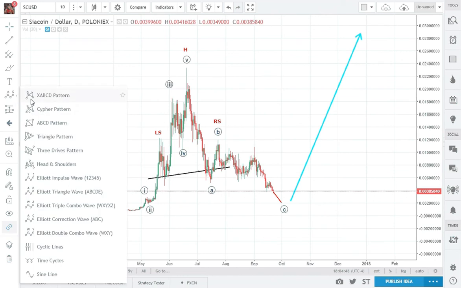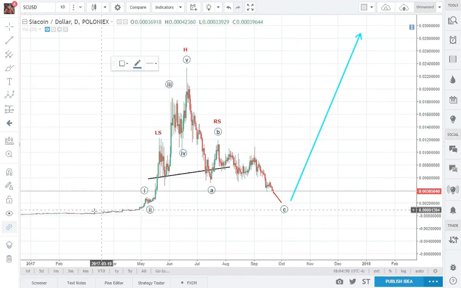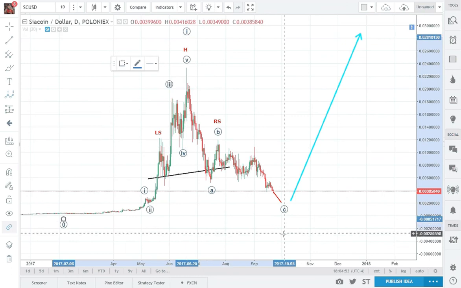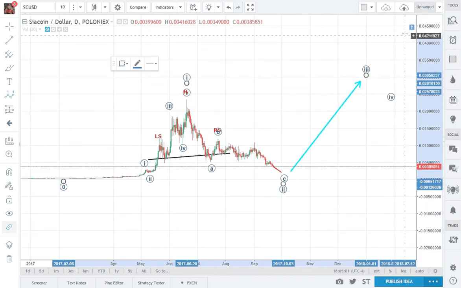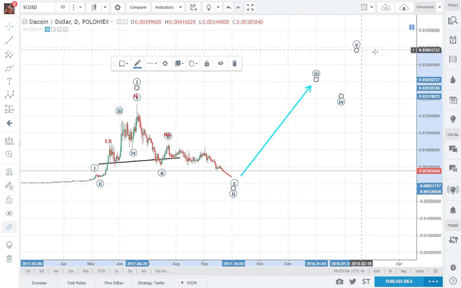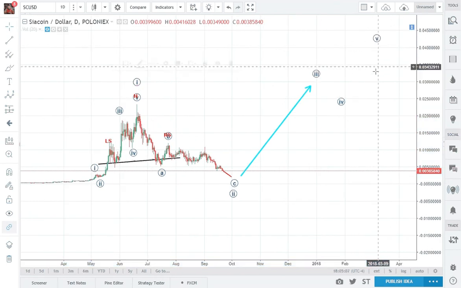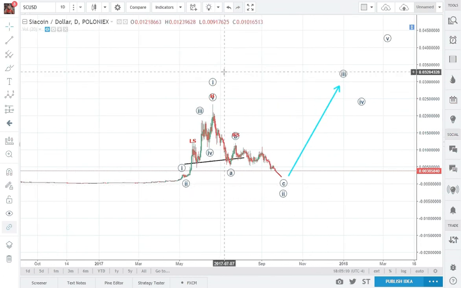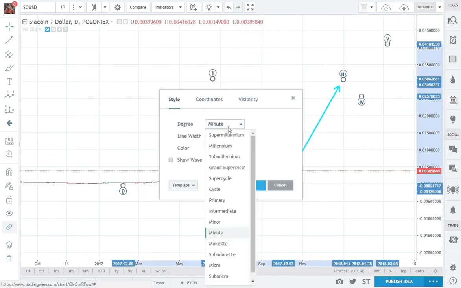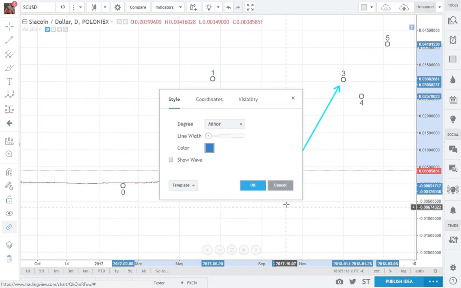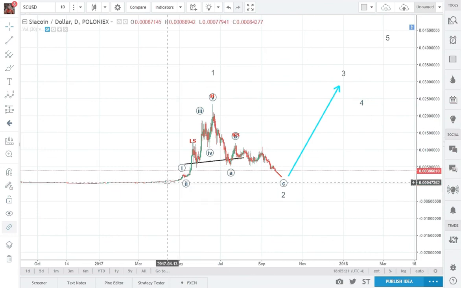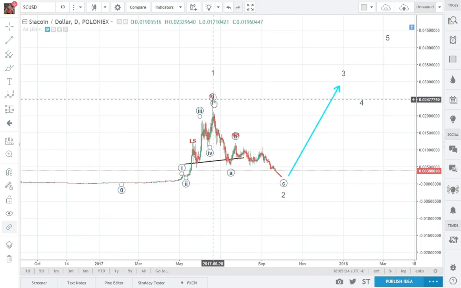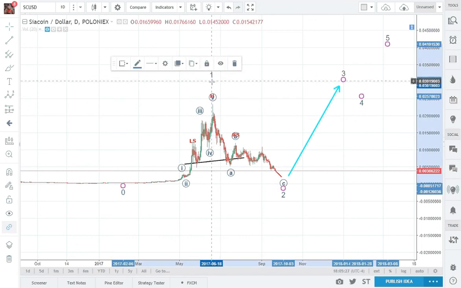What I mean is, if you count like so, these 5 waves, 1, 2, 3, 4, 5, are subwaves of a greater degree wave 1.